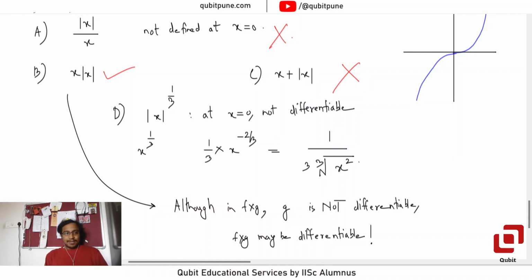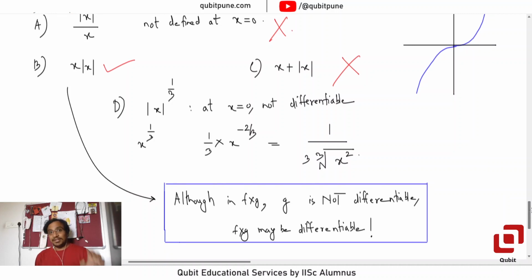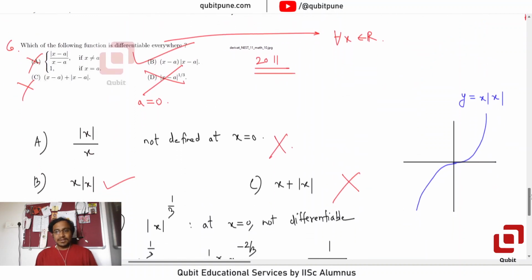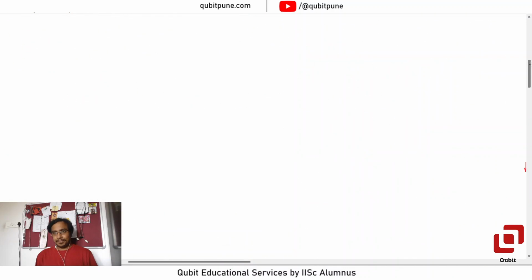Got it? That is something that we can learn from this problem, that it need not always be true that for the product to be differentiable, the individual functions should be differentiable. It's not necessarily true that both functions should be differentiable for the product to be differentiable. Got it? Any doubt in sixth? No doubt? ठीक.